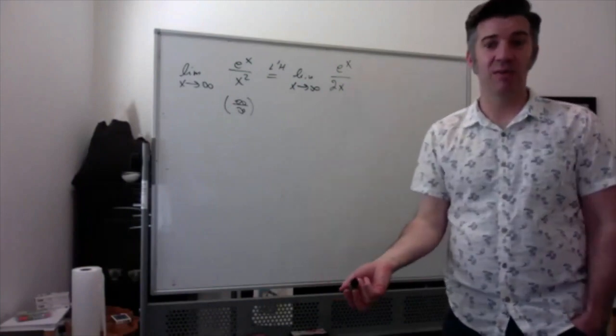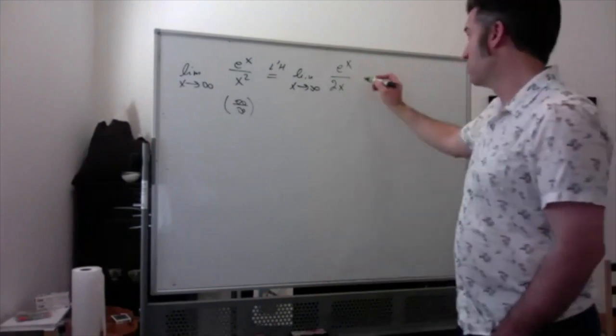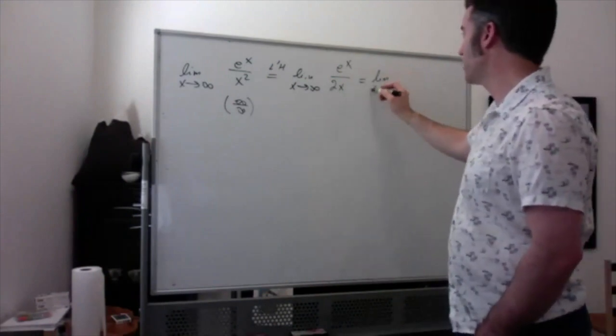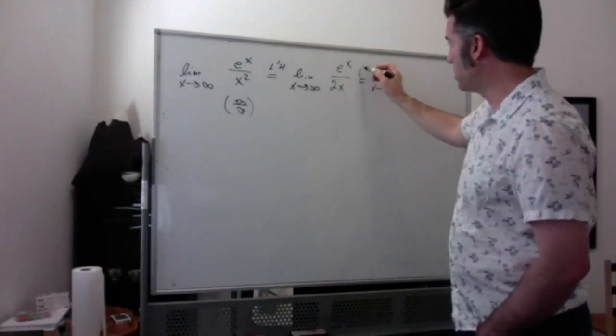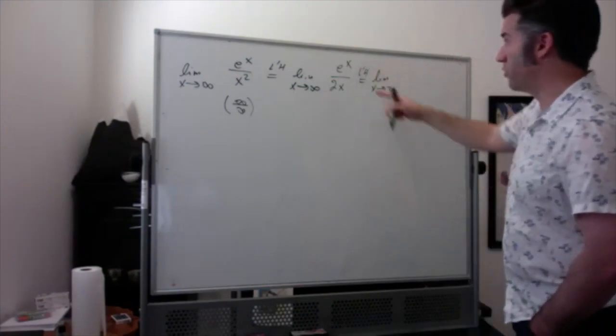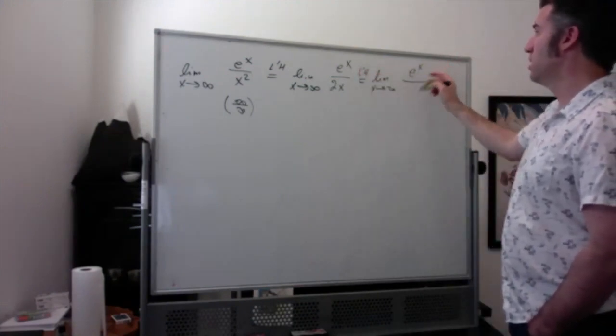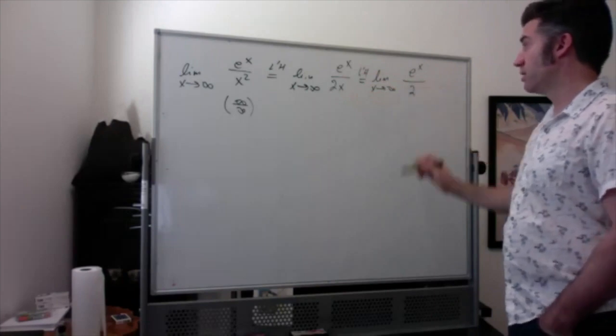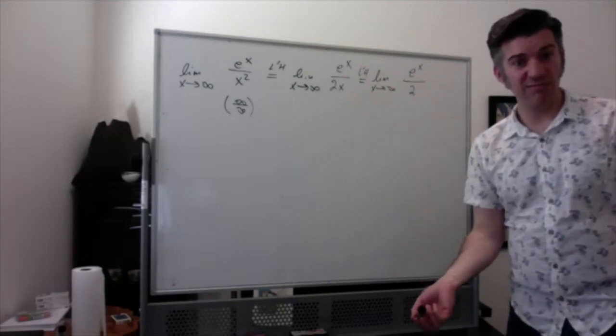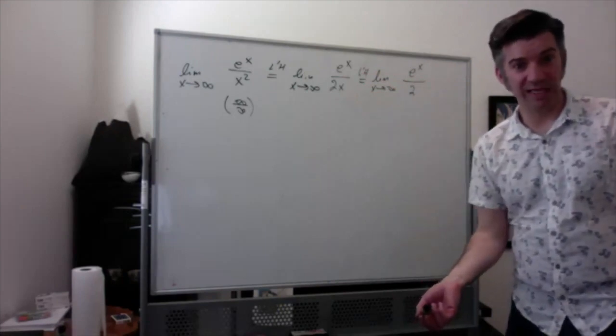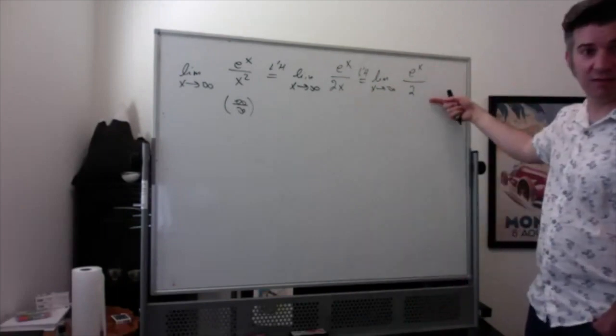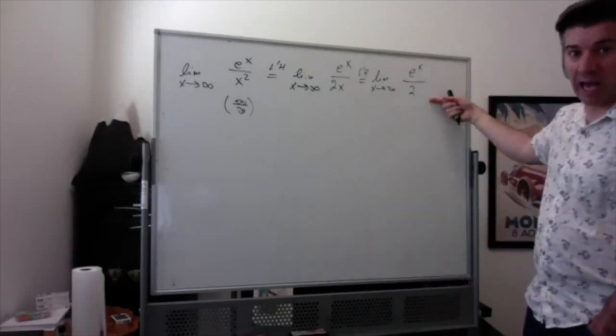A lot of times you use L'Hopital's rule multiple times. So doing it again, let's write the L apostrophe H here. The derivative of e to the x is still e to the x. The derivative of 2x is 2. Can I use L'Hopital's rule again? Is this an infinity over infinity? It's not.